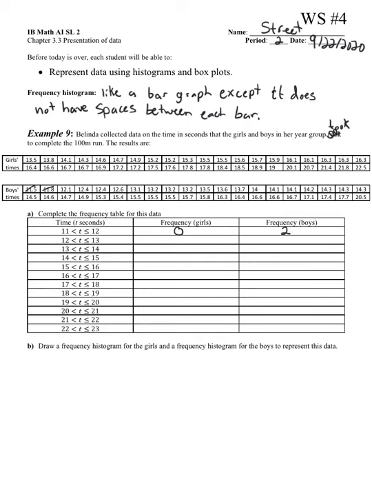I put this in order from min to max, so that makes it really easy. So the boys will be 2. Then just cross them off as you go. Then we'll do the girls on 12 to 13, none. The boys, 1, 2, 3, 4. All right, go ahead and we'll fill out the whole thing all the way down.